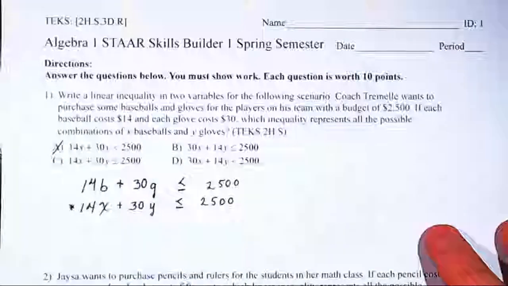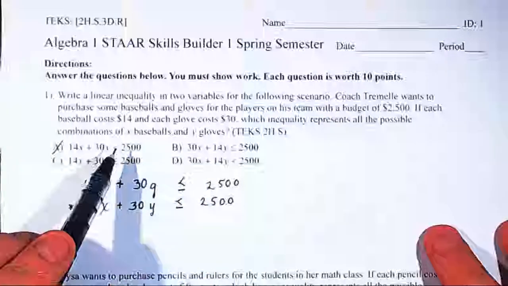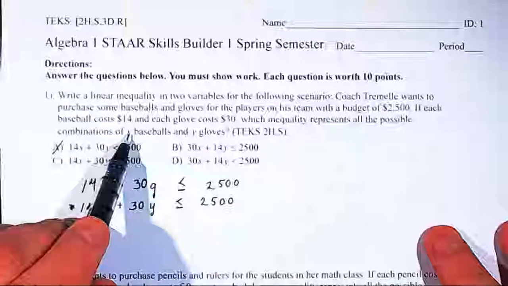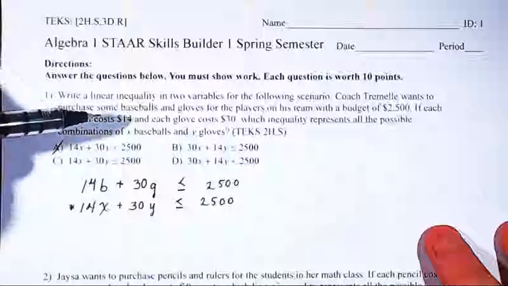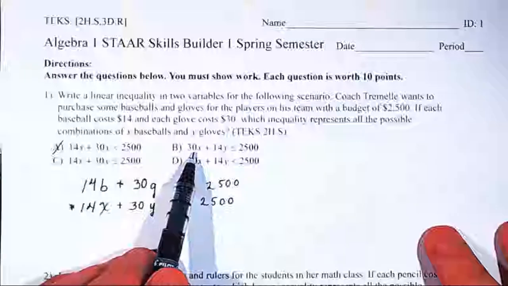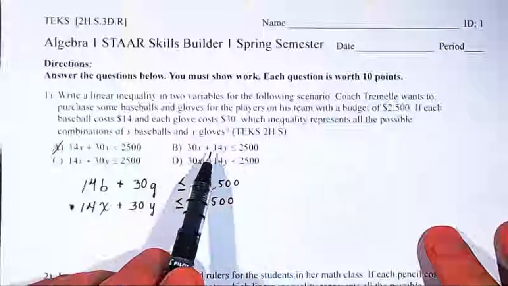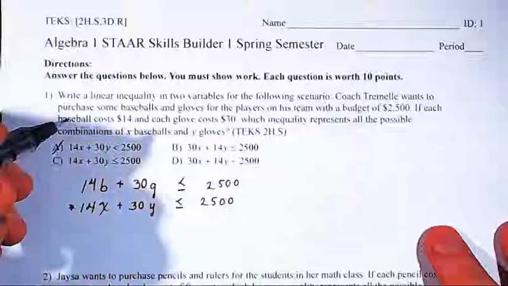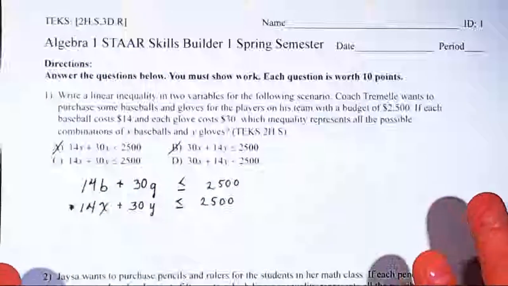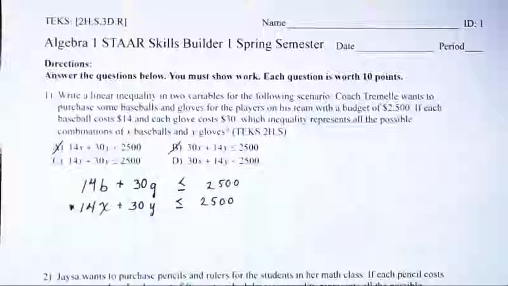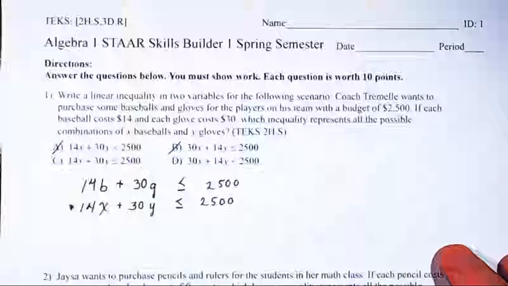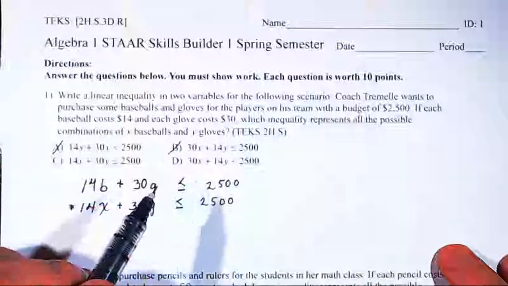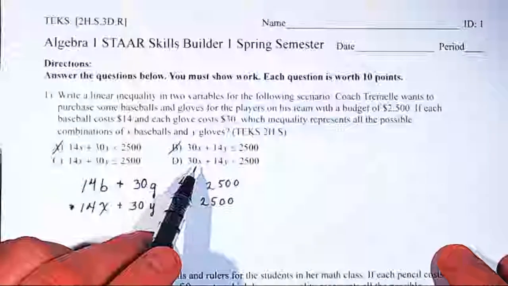Well, that has the correct numbers there, but it says in the problem that X is for baseballs. And we set up here that baseballs are $14 each, but what B is telling us is that baseballs are $30 each and gloves are $14 each. So B can't be right because it's mixed up the costs with the baseballs and gloves. It's actually switched them. So that's not right. Let's look at D. Again, they've made the same mistake.